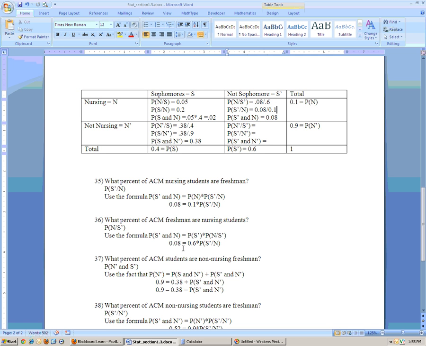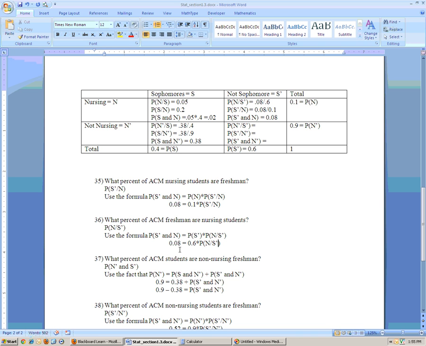So to solve this, we just divide. To get this right here, not S given N, and let me rewrite that here. This is actually N given not S. That's what we're looking for in this problem right here. So to get this, we just divide these two.